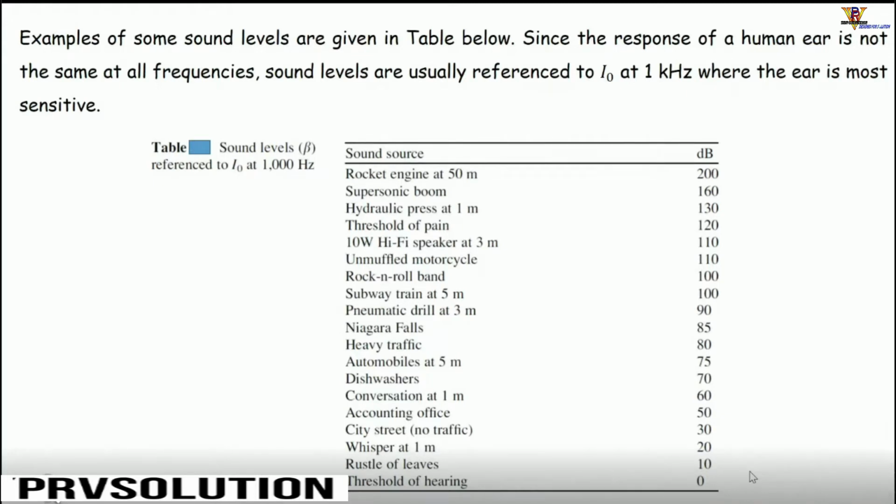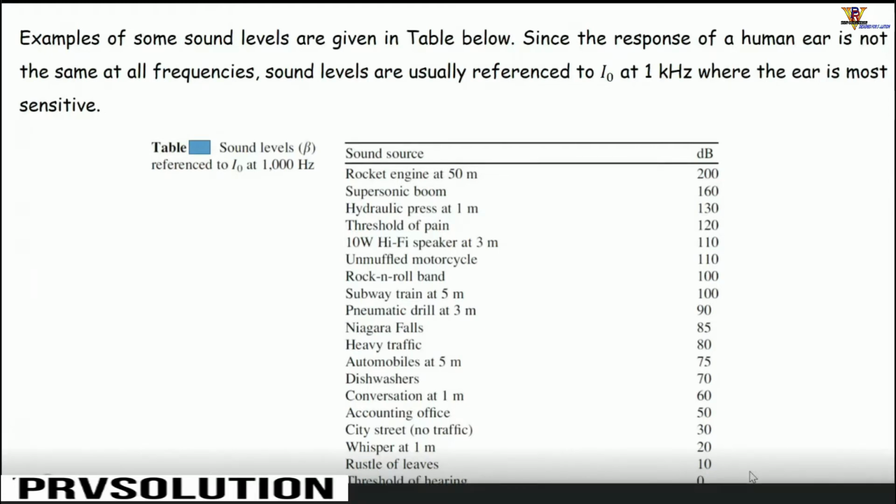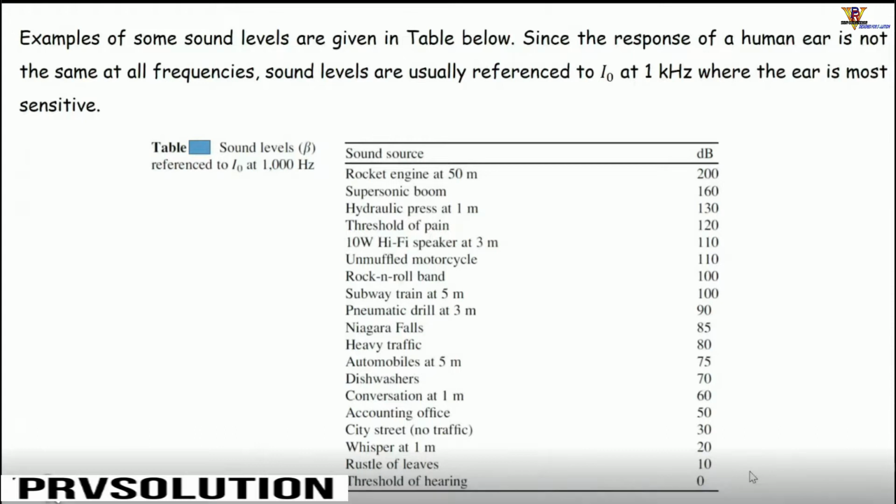If the frequency is different, the sound level value will be different. So if I want to know the intensity produced by a rocket engine at a distance of 50 meters at a frequency of 1 kilohertz, I put this value in the expression beta equals 10 log 10 of I by I naught. Beta is 200 dB.